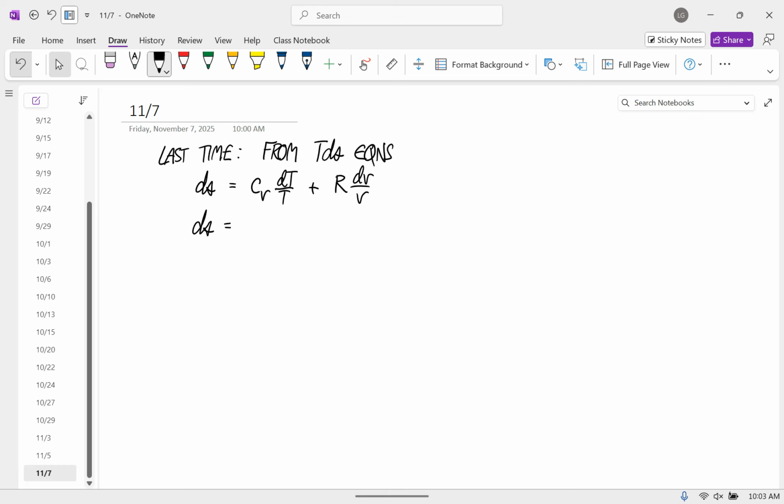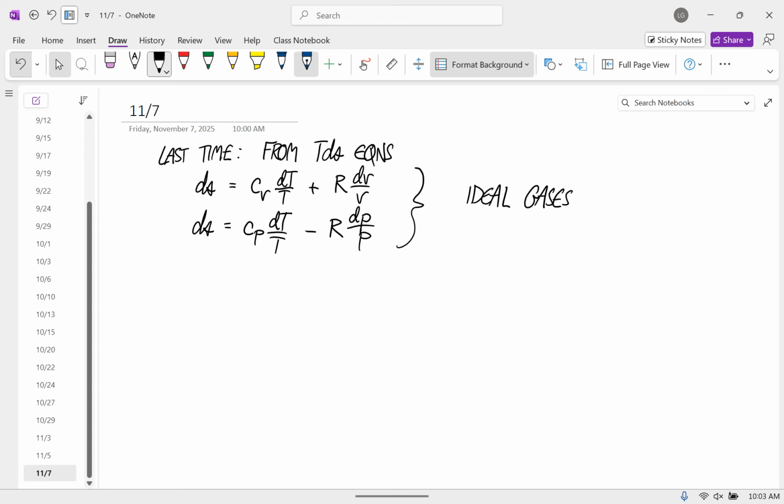And ds is equal to Cp dT over T minus R dP over P. And these are relevant for ideal gases.